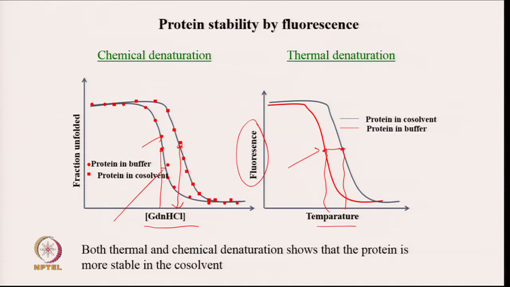There is an increase in Tm in the presence of co-solvent, which means you require a higher temperature to convert the protein from its native form to the unfolded form, and that is why we can see that the protein has been stabilized.